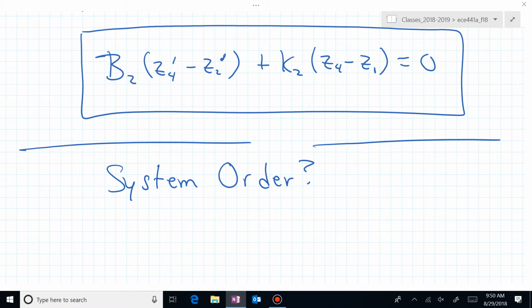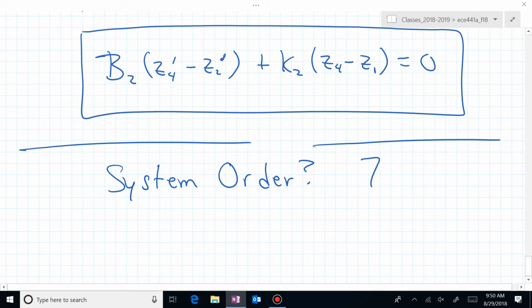But hopefully you've been counting up, and now we know that we have a system order that's 7th order. We have position and velocity for the masses, so we're looking at the highest powered derivative of each of our variables. That's what we need to add up to get our system order.